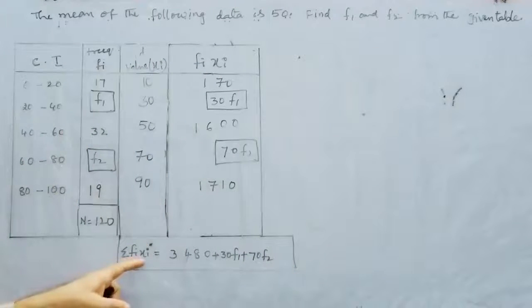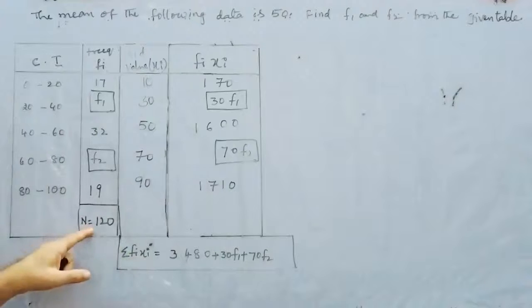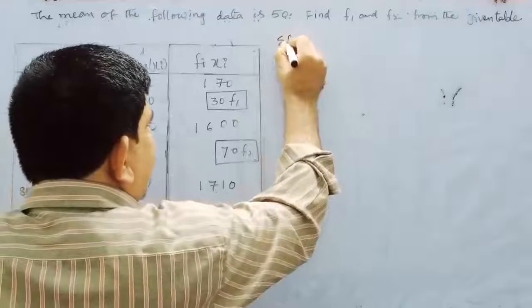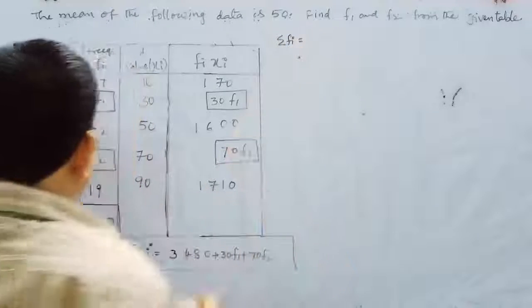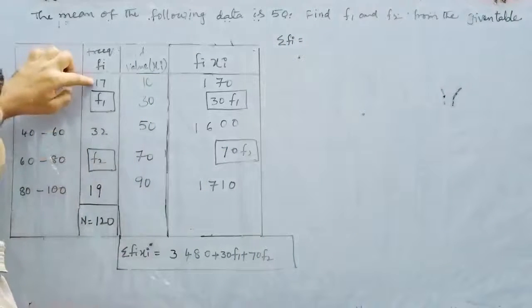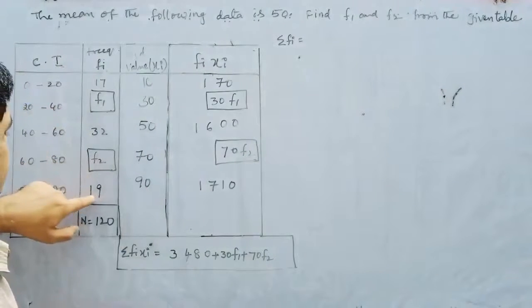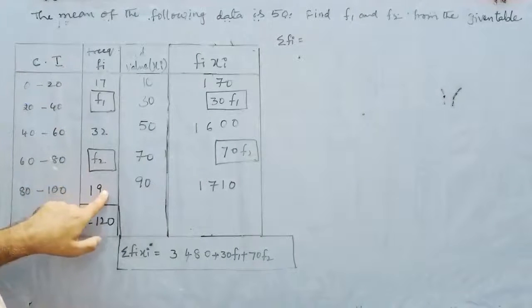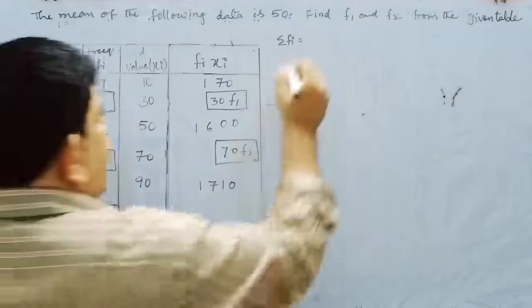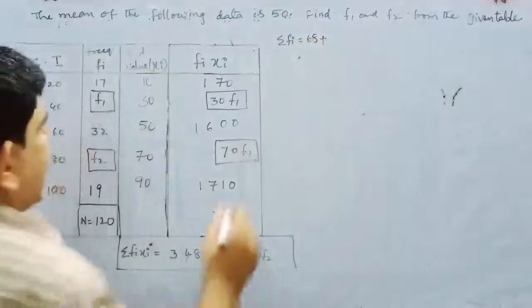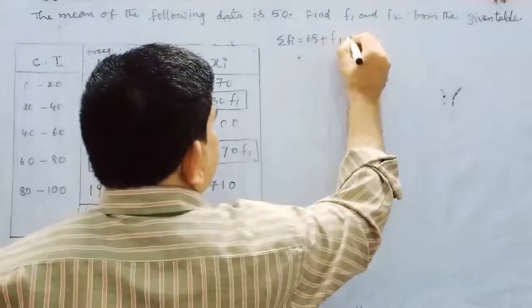Now this is sigma Fi xi. Sigma Fi is equal to 120. How do we get sigma Fi? Sigma Fi is equal to the sum of the frequencies: 17 plus 32 is 49, plus 19 is 68, plus f1 plus f2.